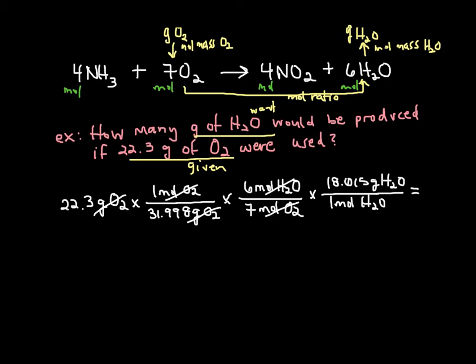So moles of water would cancel, and we would be left with grams of water, which is what it asked us to find. And it turns out that it would be about 10.8 grams of water. So using 22.3 grams of oxygen in this recipe would result in about 10.8 grams of water.